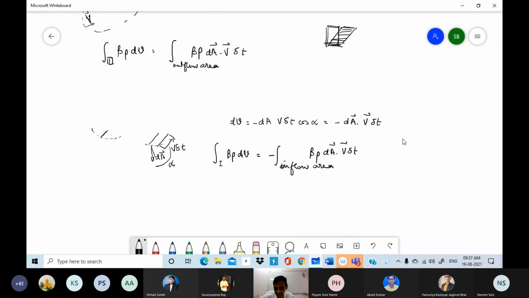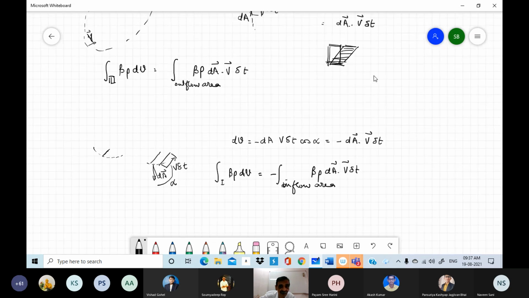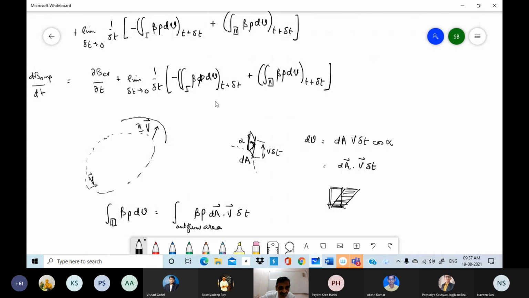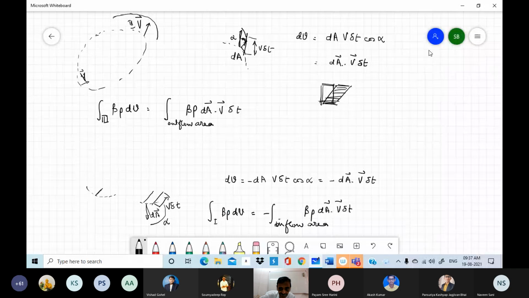So here this is what it is. So therefore, if I see the terms which express the difference between the derivative of B for the system and for the control volume, I had a minus this here and a plus this here.